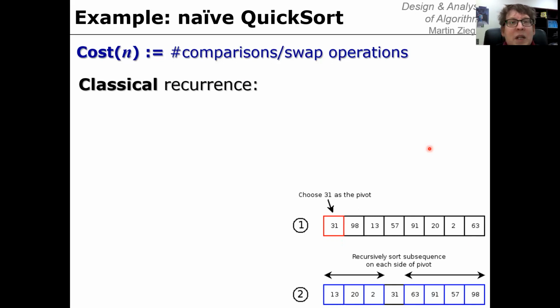So the classical recurrence that we considered when analyzing QuickSort is that the running time for sorting an n-element array is O of n for splitting the array, putting all elements less than the pivot to the left and all elements greater than the pivot to the right. That's the overhead. And then the two recursive calls for sorting the subarray left of the pivot and the subarray right of the pivot.